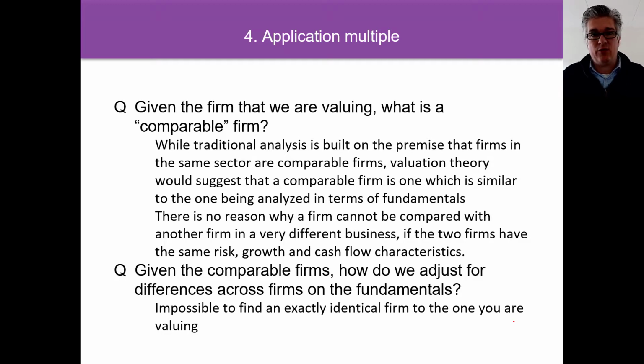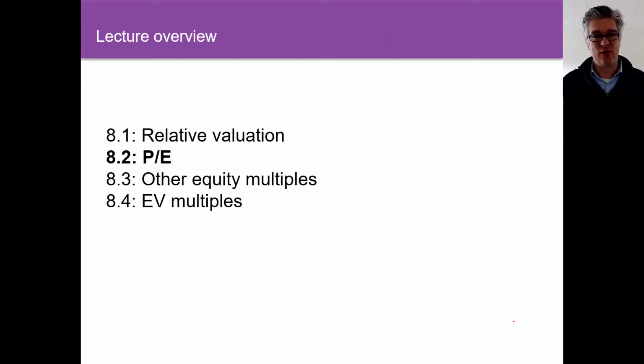And in principle, you could also take firms from completely different industries that are perfectly comparable because they share similar risk as your company. So be careful in terms of which companies to choose when analyzing your multiples. And then maybe you will also want to make some adjustments given that these firms are slightly different.